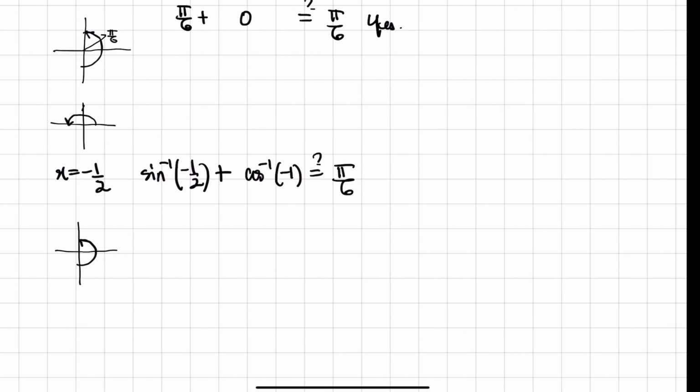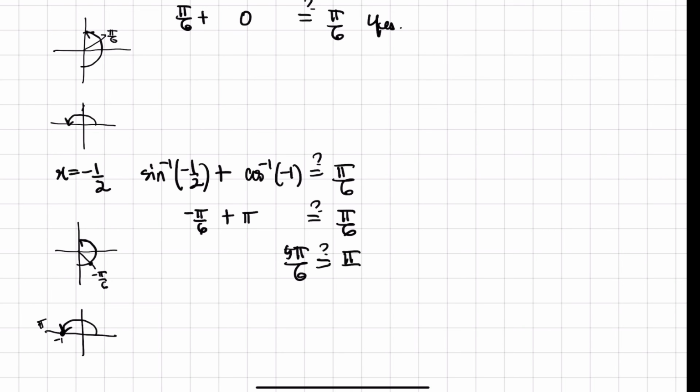That is negative pi over 6. Sa cosine naman, magpapa-negative 1. So, ang theta mo dyan or angle mo is pi. So, mag-equal ba tong dalawang ito? Is 5 pi over 6 equal to pi over 6? The answer is no. So, rejected itong sagot na to.